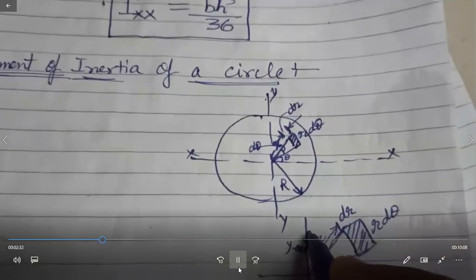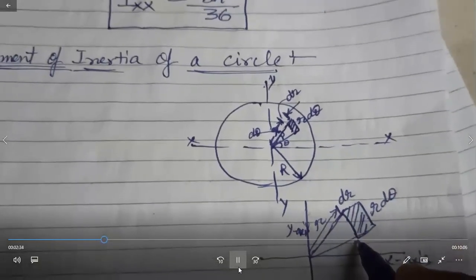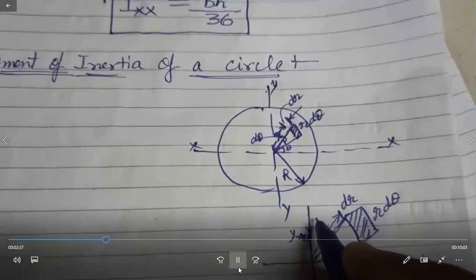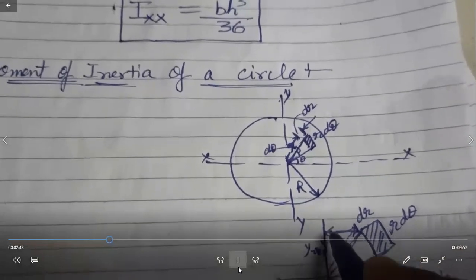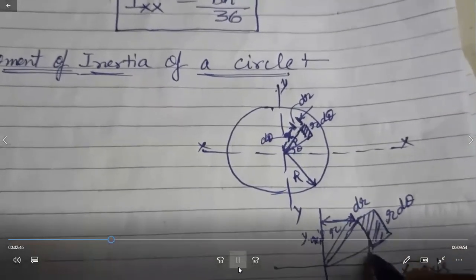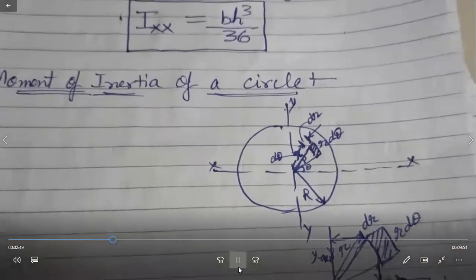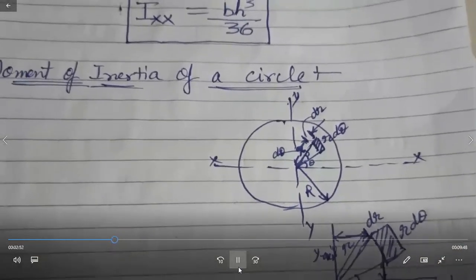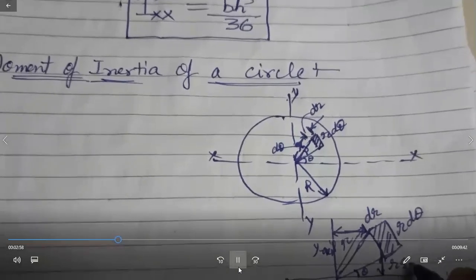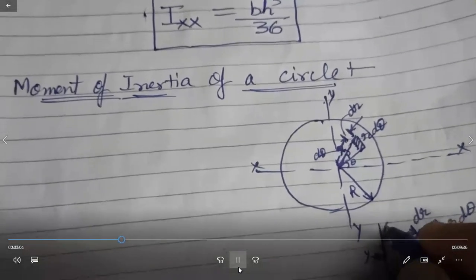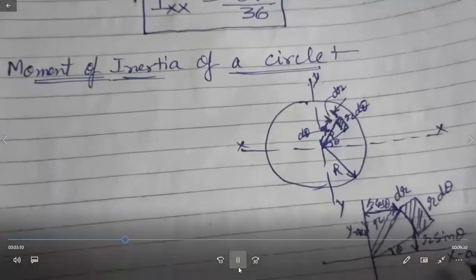We require the distance from the x-axis and from the y-axis. So this distance is from the y-axis and this vertical distance is from the x-axis. Because this is theta, this vertical distance will be equal to r sine theta, and the horizontal distance will be equal to r cos theta.